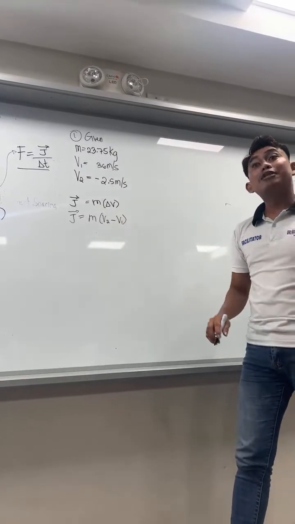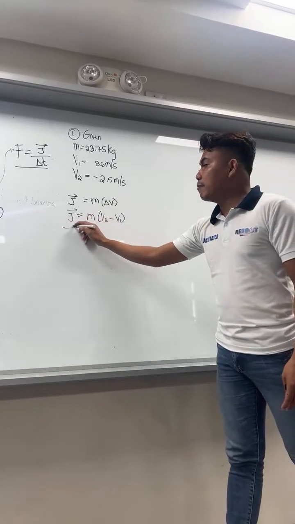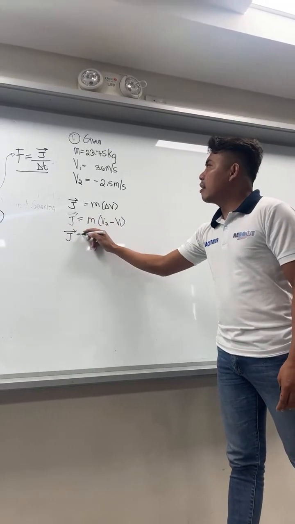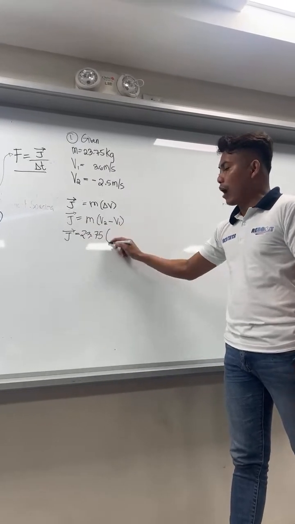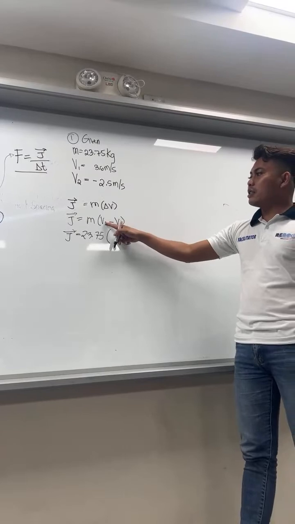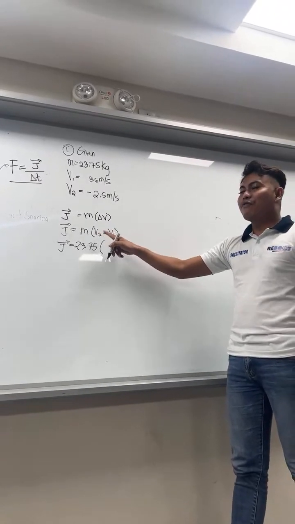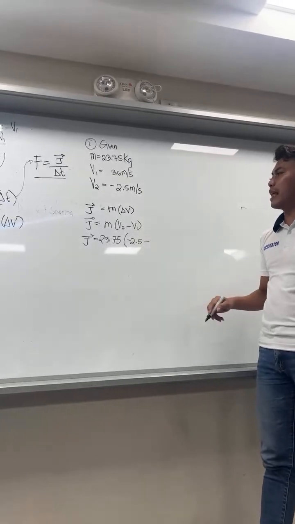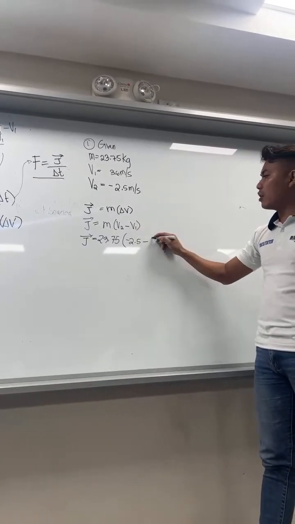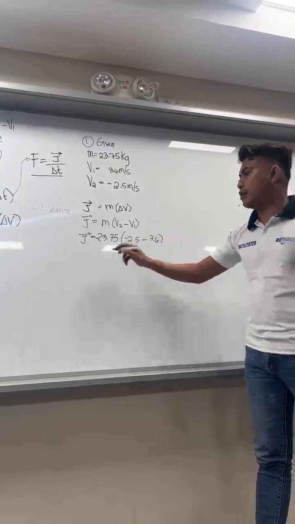Then, substitute. I-substitute po natin, the mass is 23.75 kilograms. The final velocity is negative 2.5 meter per second, and the initial velocity is 3.6.